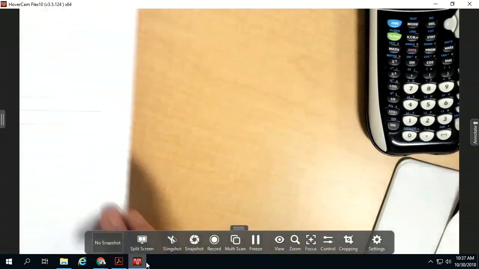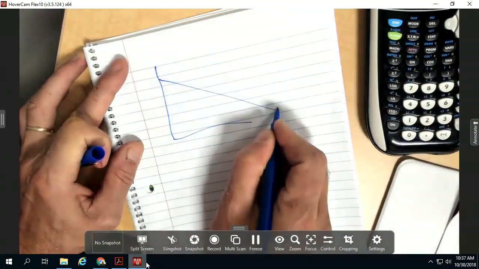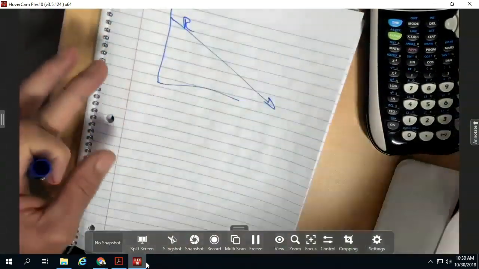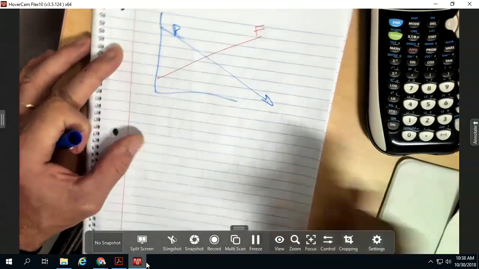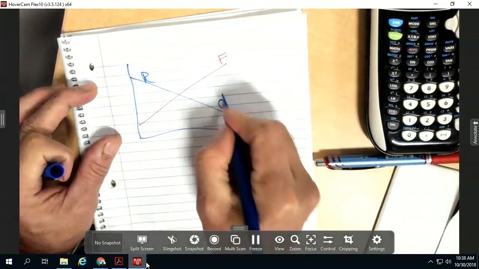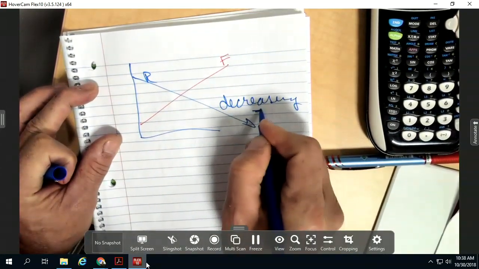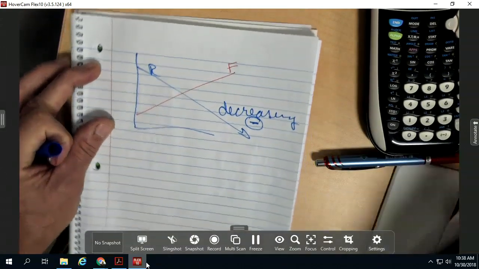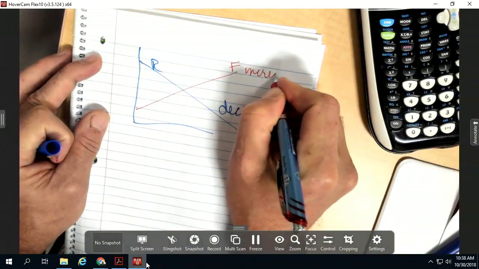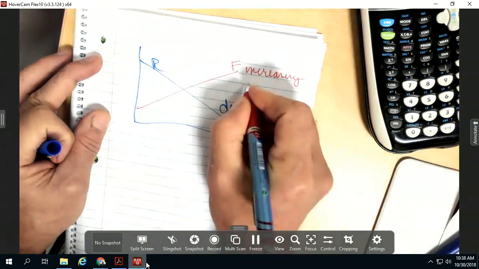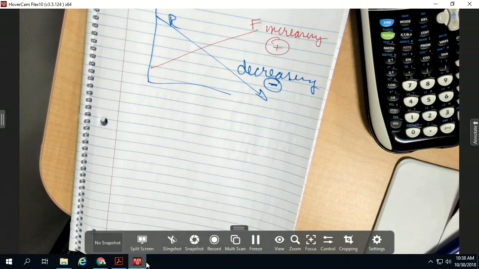So let's look at our graph of rabbits and foxes. This is decreasing. Its sign will be negative. This is increasing. Its sign will be positive.